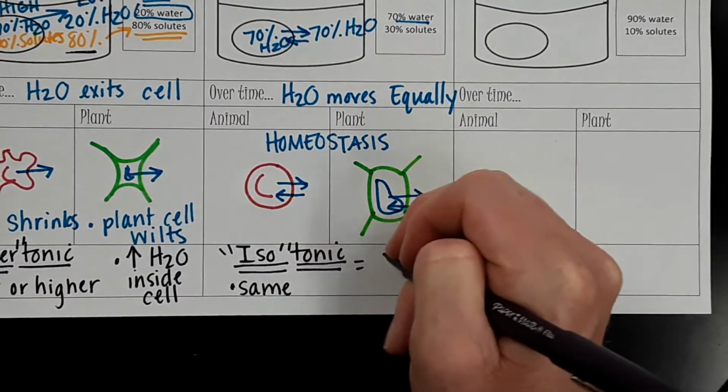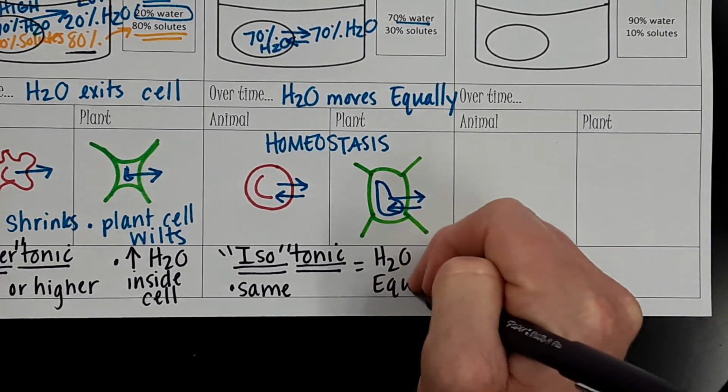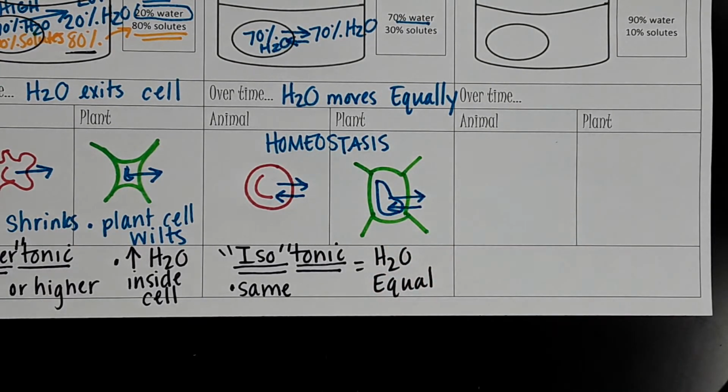No, you guys are in geometry. You tell me. So the water is equal and they move back and forth equally. Or if you do an isometric hold for fitness, you're holding the same position to work your muscles. So isotonic is the same, homeostasis, everything remains equal.